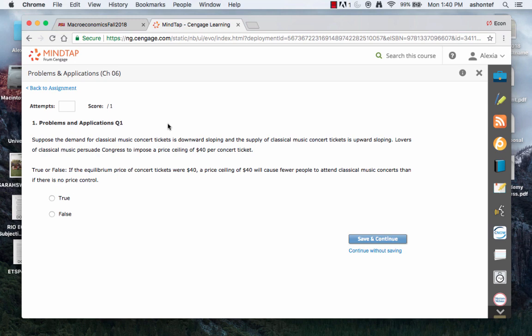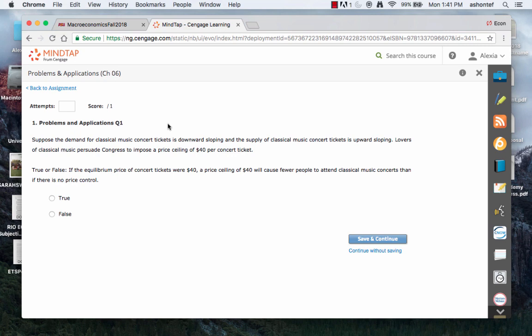And then you're going to read this true false. It says, if the equilibrium price of tickets were $40. Before I even read anything more, I would suggest you draw a supply and demand of this market. You've been told where the supply and demand curves intersect, the equilibrium price is 40. So the market on its own is going to go to a price of $40, and I would draw that.